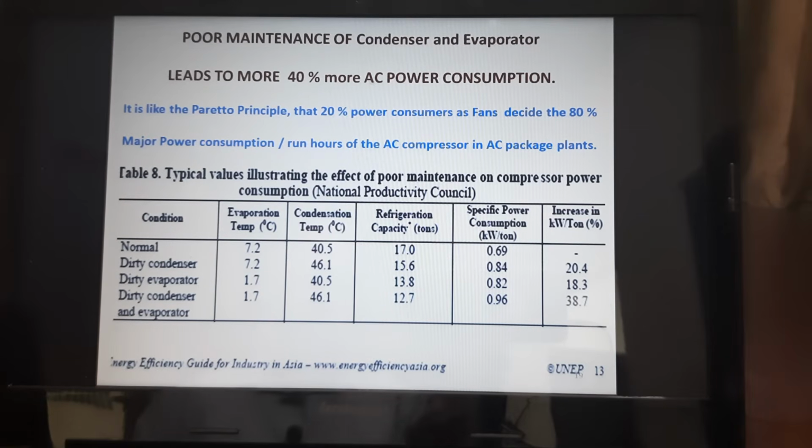It is meant for packages, but you can still draw a line to the split AC as well. With a dirty condenser, the kilowatt per ton increase is around 20%. If it is a dirty evaporator inside the room at the indoor, it's almost 18%. So almost 40% the consumption goes up because of the dirty condenser and the evaporator.